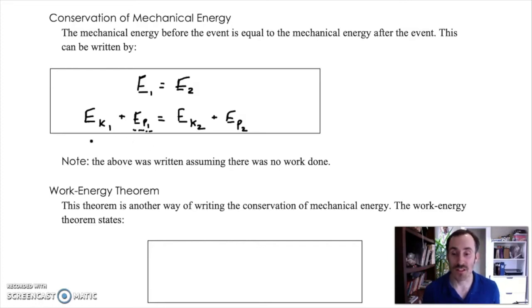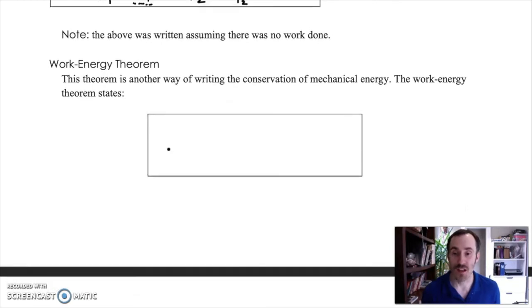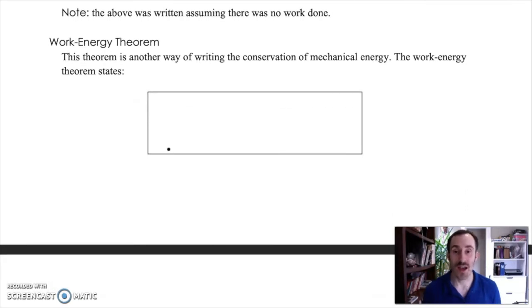Okay, so this says that the kinetic energy and the potential energy at the beginning is equal to the total at the end as well. It's just where that energy is, kinetic or gravitational potential, will have changed. We are assuming in that formula that no work was done, no external energy loss happened.